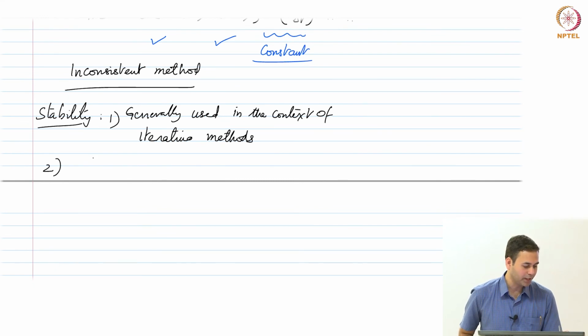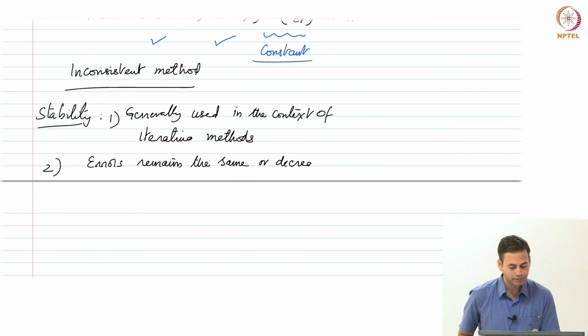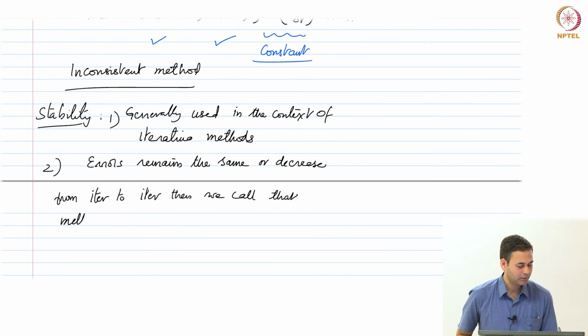Okay. So, if the errors remain the same or decrease from iteration to iteration, then we call that method a stable method.